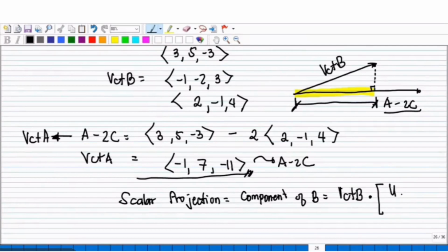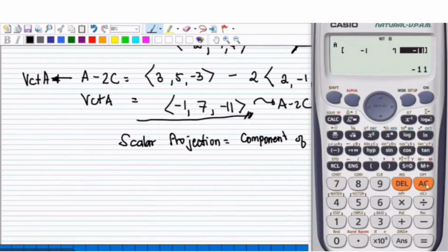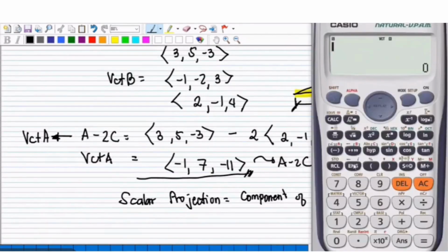So, unit vector ng A minus 2C all over. So, yan na yun. Okay. So, hindi pa nakadeclare yung ating vector B. Okay, kunin muna natin yung vector B. So, shift, vector, dimension, vector B. Okay, so, number 1. So, this is negative 1. This is negative 2. This is 3. Then, press AC.